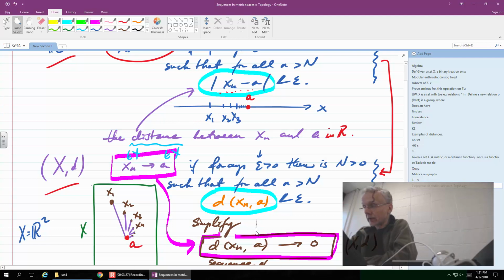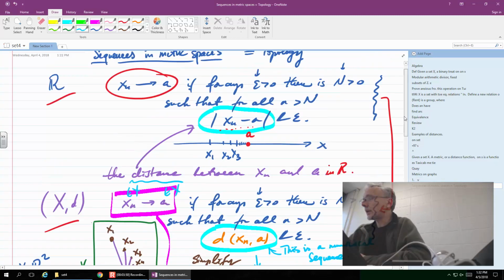The very convenient step here is the next one. It is something that makes our life easier, and that is simply to realize that distances are numbers. Distances are numbers, which means that this is a numerical sequence. And we already know how to handle numerical sequences.